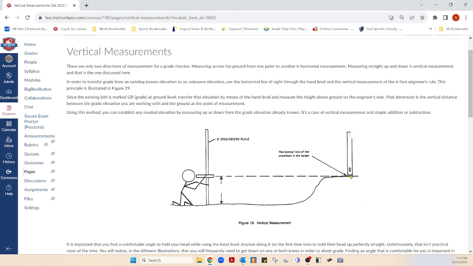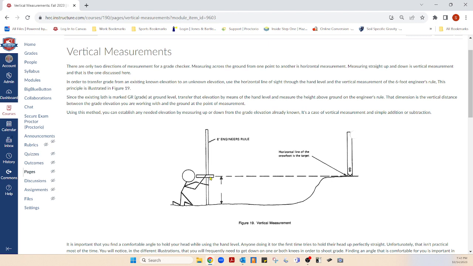All he knows is that this is grade. Says so right here, grade, and it's got a crow's foot right here. He takes a shot, and it reaches 3 feet. So that tells him that this, let's say from here, is 3 foot higher than here, because this is 3 foot. If it read 3 foot, he would be on grade right there.